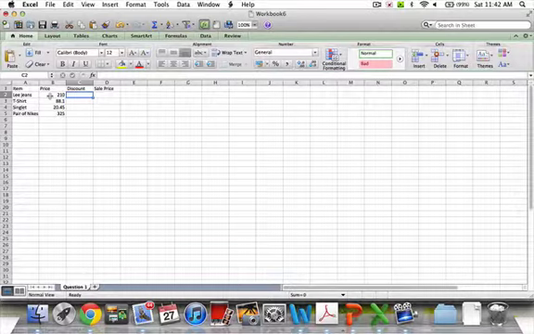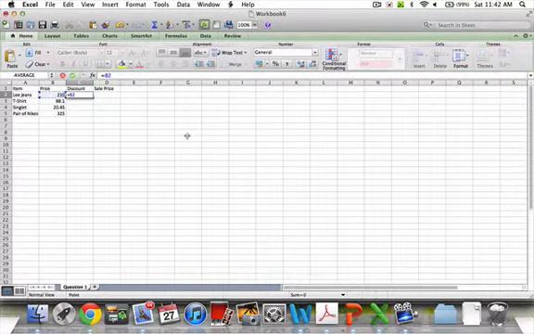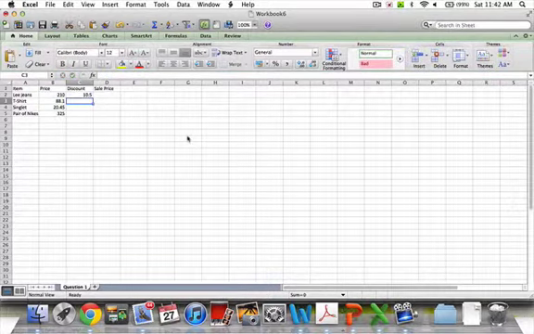So to work out 5% of $210, we first use our equals key, hit on that cell, so cell B2, times by 0.05 or 5%. So 5% of $210 is $10.50.